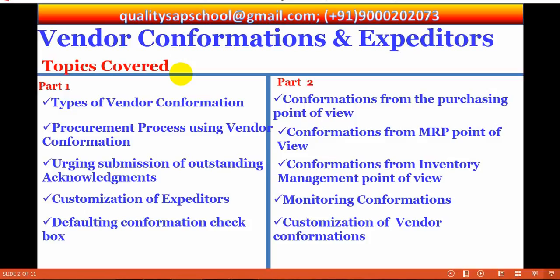That means whatever goods we have ordered, the different kinds of information the vendor is going to provide for us are called confirmations.